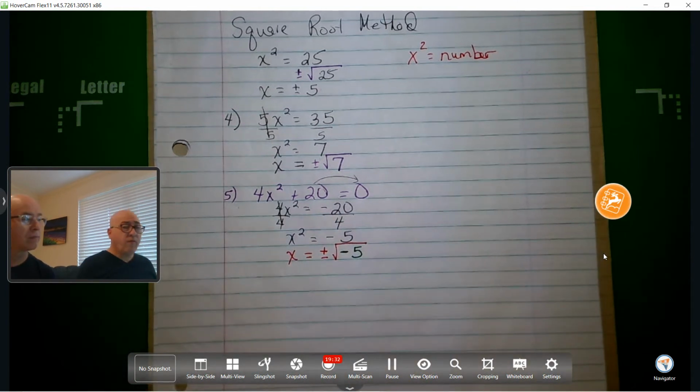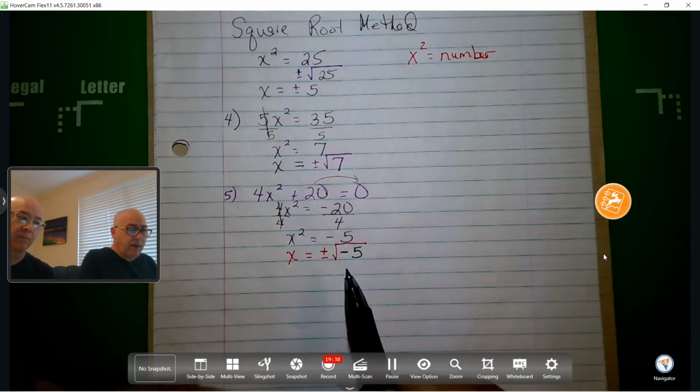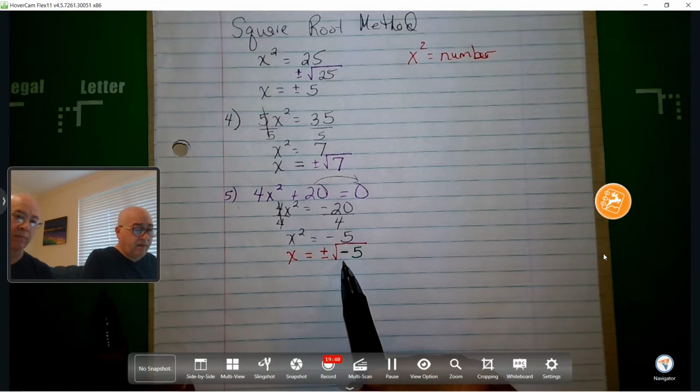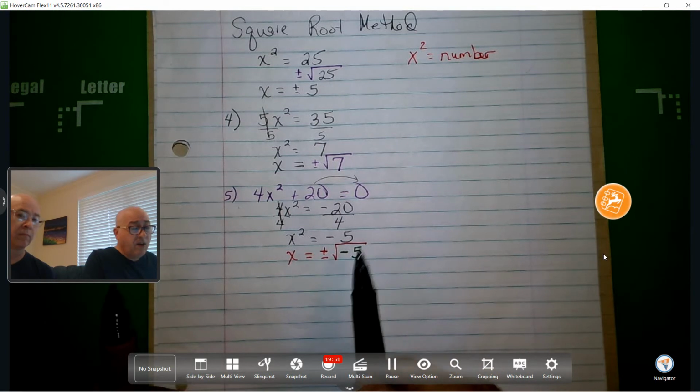The square root of 5 can't be simplified, but there's a negative, and depending on how your numbers have worked out in the past, this might be the first time that you've seen one like this, where you can't simplify the square root of 5, but you don't want to leave that negative there.